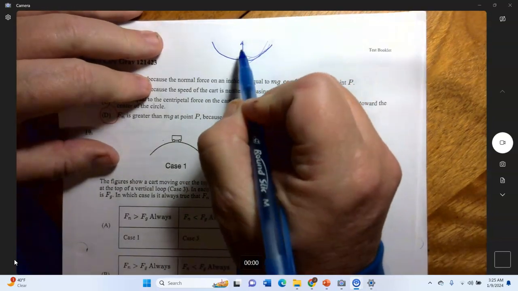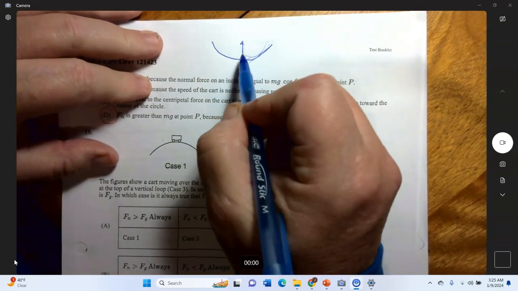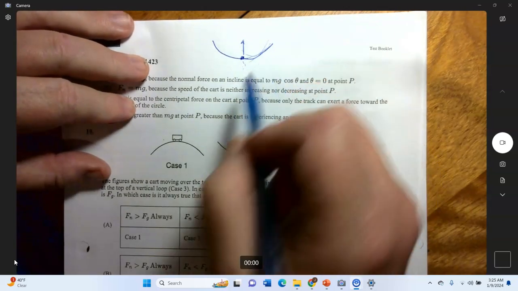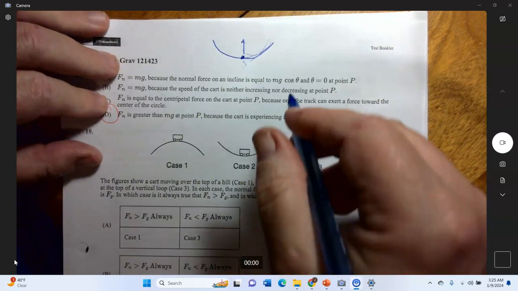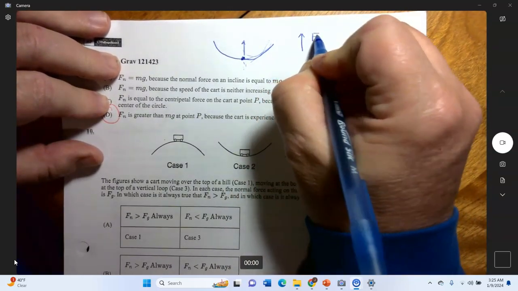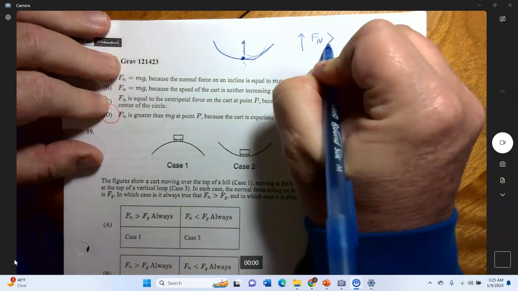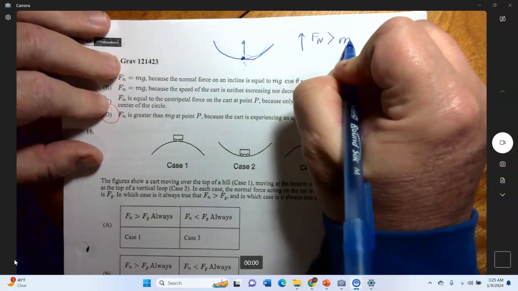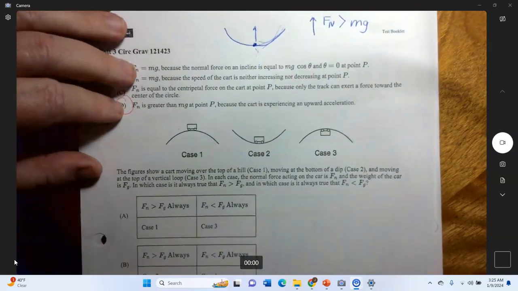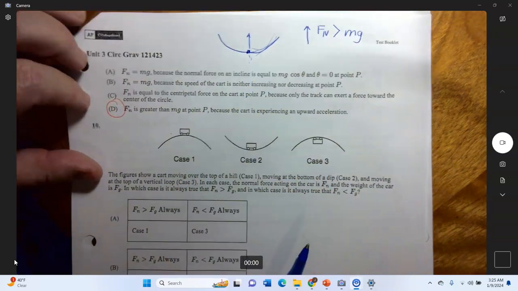Now, it might appear that it's going to be the same because it's on a flat surface, but it's starting to be accelerated upward at this point. All right, so that means force normal is greater than mg. Again, that's just force of gravity or weight. It's greater than its weight because it's starting to get pushed up a ramp.